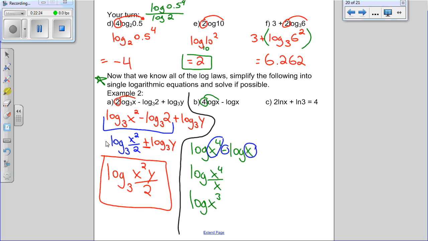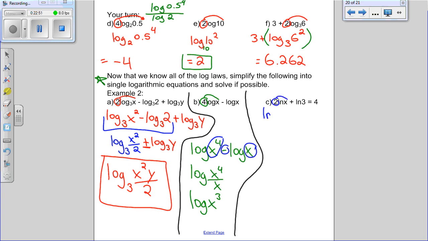Okay, last one. Probably the most important one because you actually are solving it. So what you're going to do is you're going to write it as a single log, and then you're going to try to solve it. So if we want to write this as a single log, the 2 becomes the exponent. So I now have log x squared plus log 3 equals 4.